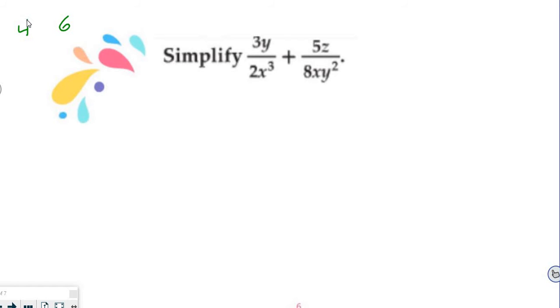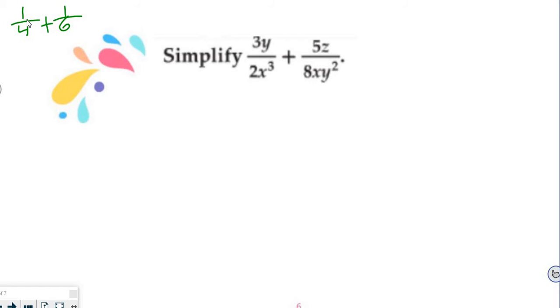But most of the time, we're going to be finding a least common multiple in order to find the least common denominator. Because remember that in order to be able to add or subtract fractions, your bottoms have to be the same. The denominators have to be the same.